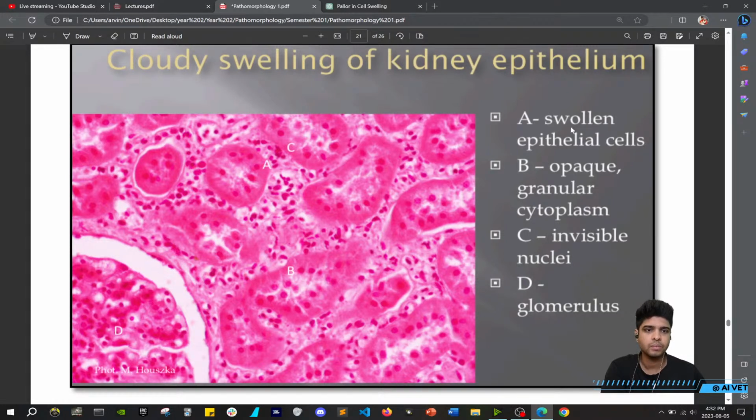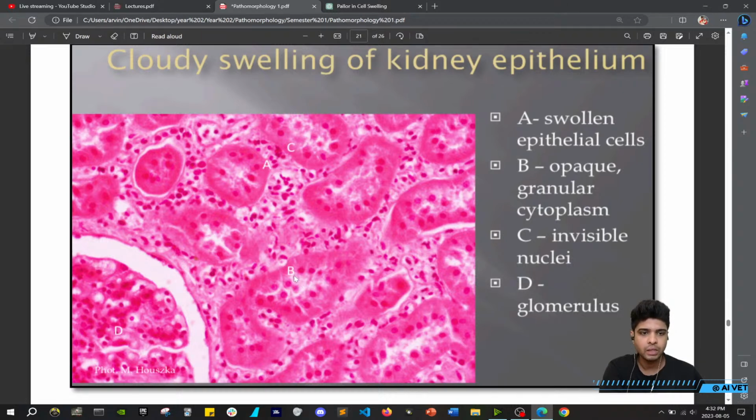Swollen epithelium, opaque granulars, invisible nuclei. D is glomerulus. Okay, this is glomerulus. Okay, C, where is C? Invisible nuclei, sure. Okay, swollen epithelial cells.